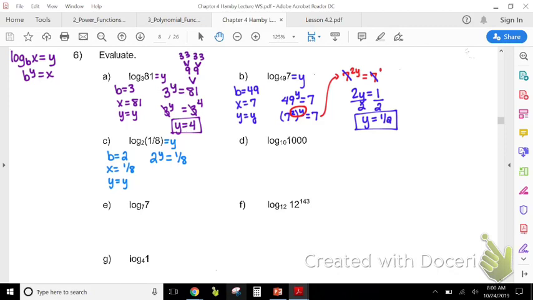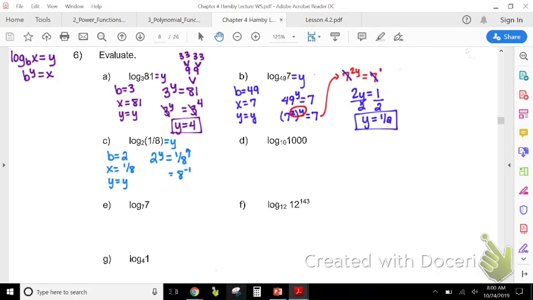Oh, we don't like fractions, do we? So I need to pull this 8 up to the top. What can I do to make it go up to the top? Do you remember? Change the sign of the exponent. So this means that 1 over 8 is the same as 8 to the negative 1.